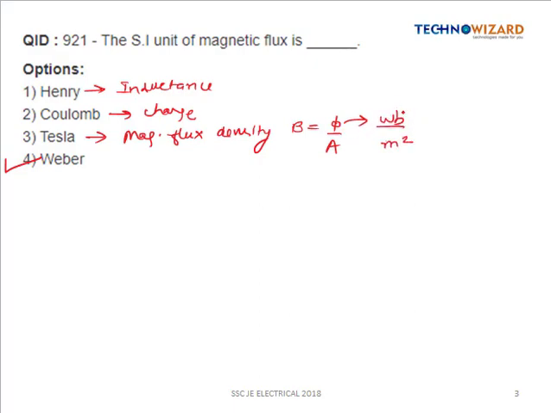So Weber per meter square, which we also call a Tesla, is the SI unit of magnetic flux density. So for this question, option D is the right answer, which is Weber.